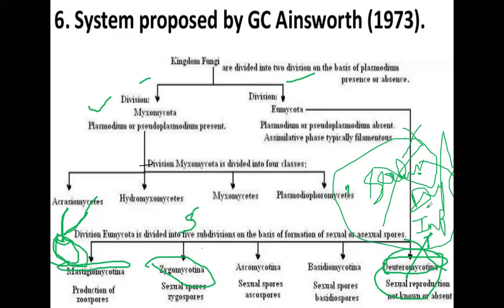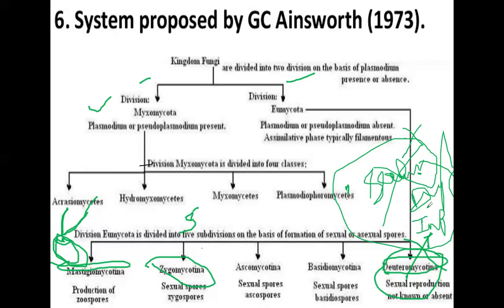But if the sexual reproduction stage is identified, then based upon the sexual stage, whether it has motile spores, or zygospores, or ascospores, or basidiospores, it is shifted. If it has motile spores, they shift it from Deuteromycotina to Mastigomycotina. If it has zygospores, zygosporangium, they shift it to Zygomycotina.